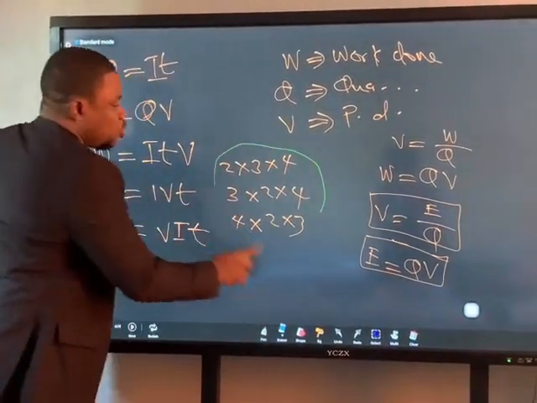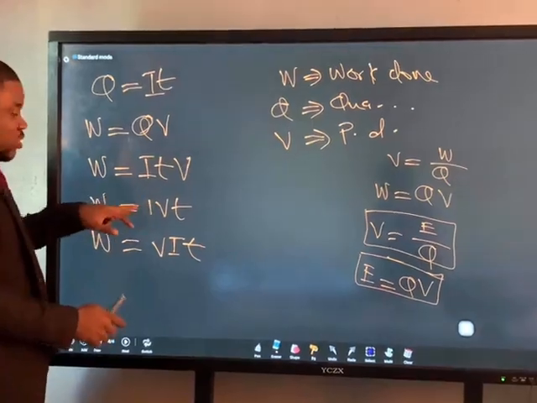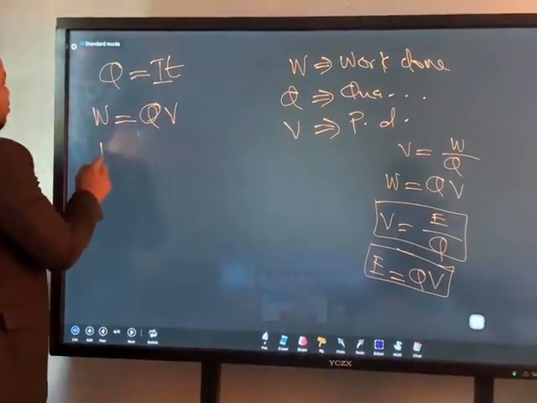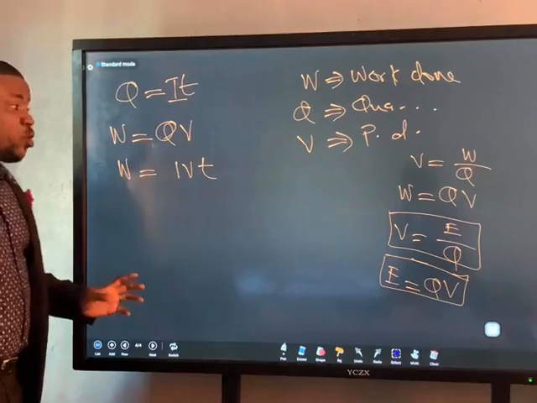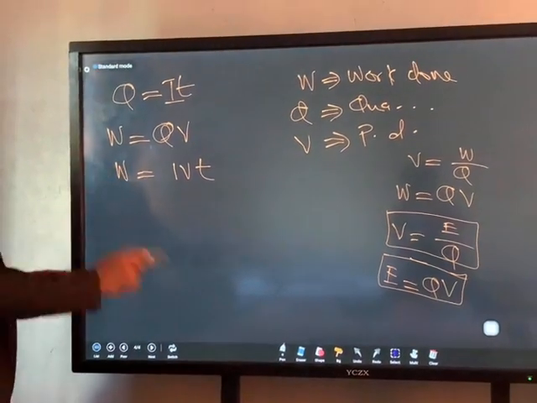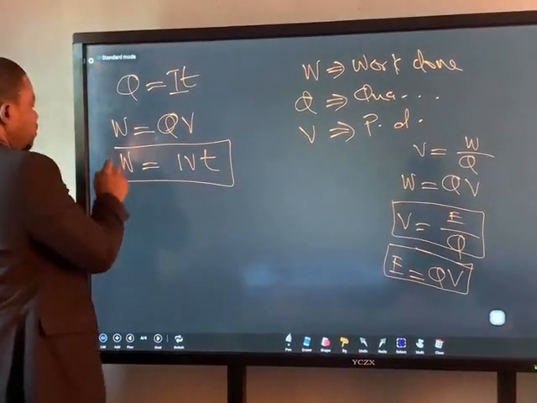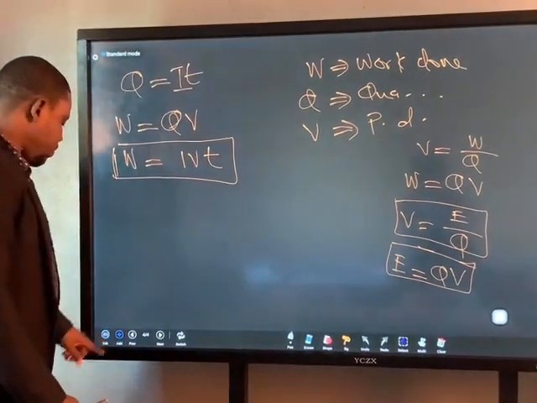But I prefer this one, so I'm going to use it. Let me write it back: W is equal to IV times time. I'm going to come back to this formula much later.